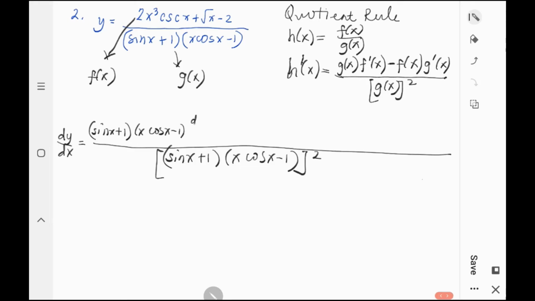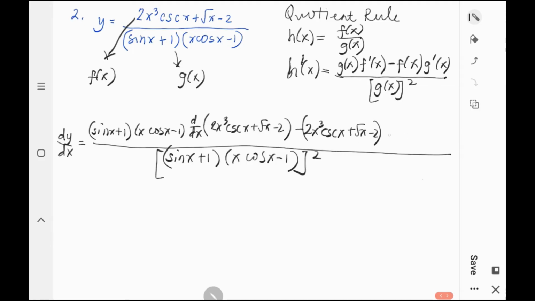And then you get the derivative with respect to x of 2x cubed cosecant x plus square root of x minus 2, minus 2x cubed cosecant x plus square root of x minus 2. Don't forget the parentheses.